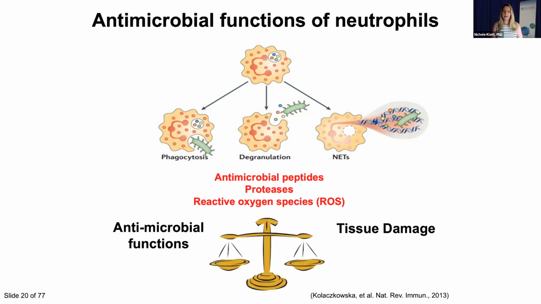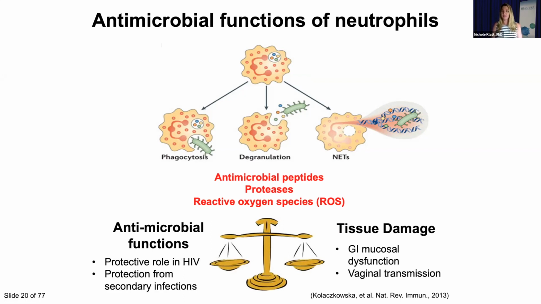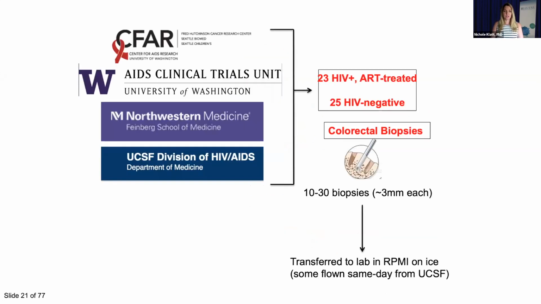The problem is that while it's important to combat infection, you need them to go away as soon as possible because they also cause tissue damage. Particularly reactive oxygen species and proteases can break down the epithelial barrier very quickly and very well. So we need to have this balance in neutrophils so that they come in and combat infection, but then they have a very short half-life, typically in hours, so that they go away and we don't have them causing damage to the tissues.